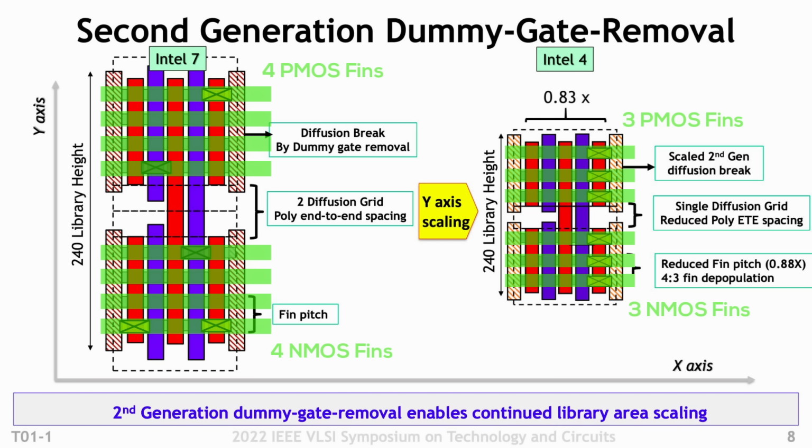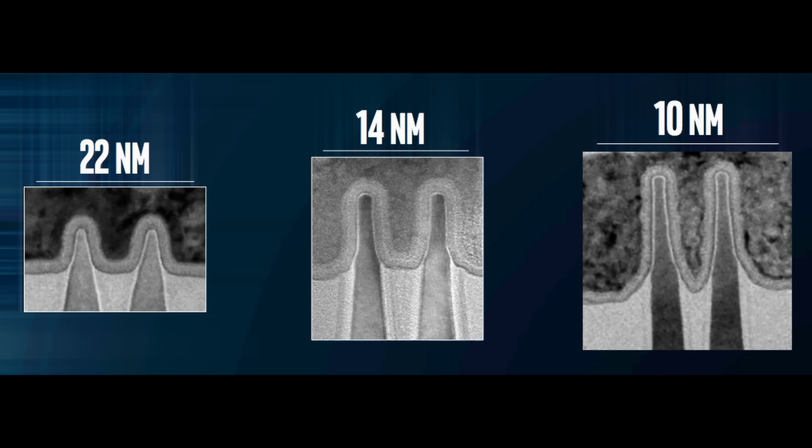The Intel 7 cell on the left has 8 fins, while the Intel 4 cell on the right has only 6 fins. This reduction in area isn't due to shrinking features with a more advanced process node. It's simply based on removing features. The fins are being depopulated. On paper, it's a worse transistor. But it doesn't have to negatively affect the performance, because as you remember, the height of the fin is proportional to its conductive strength.